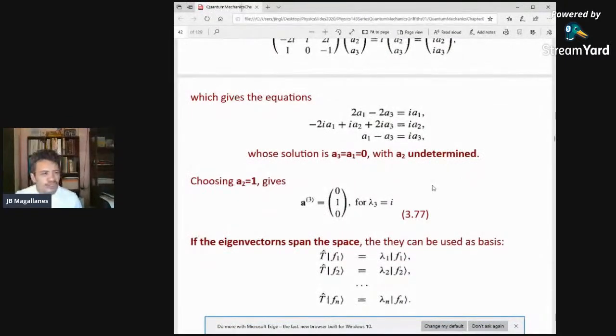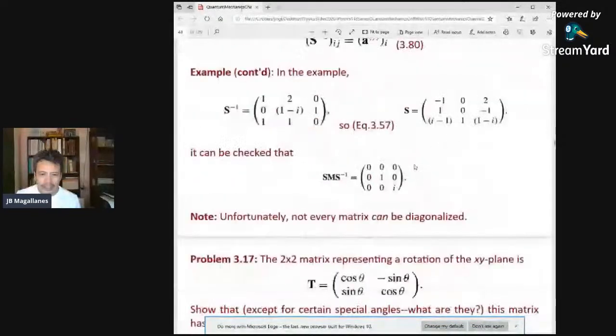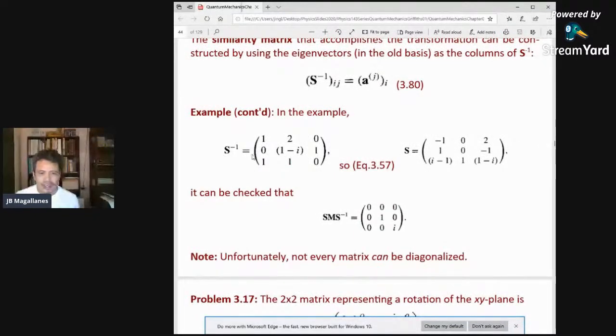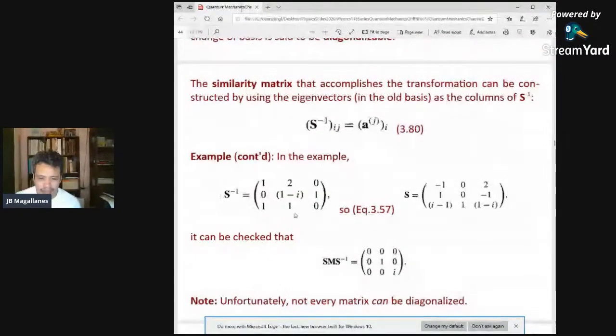You can construct the similarity matrix. You can construct the inverse of the similarity matrix as 1, 0, 1. Note that these are the eigenvectors. So these are the three eigenvectors. The first column is the first eigenvector, the second column is the second eigenvector, and the third column is the third eigenvector. And this is the S inverse. We call this S inverse.